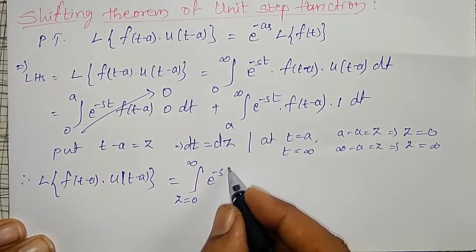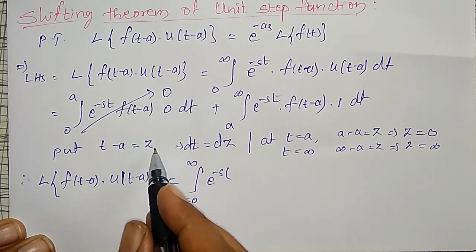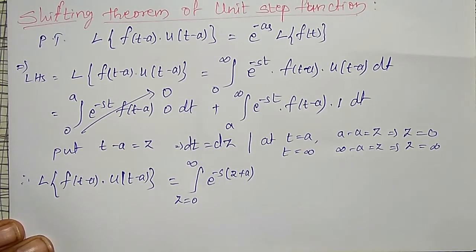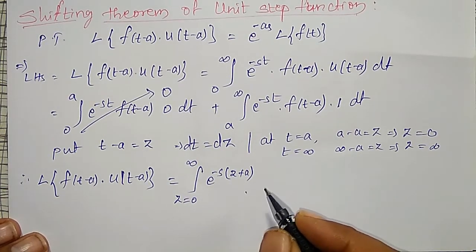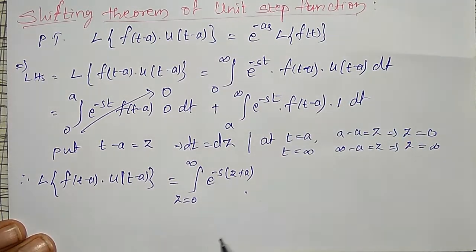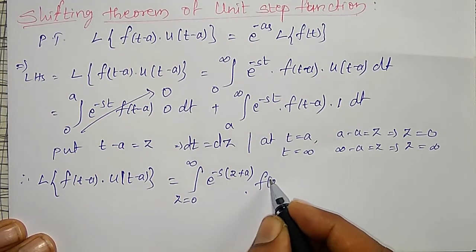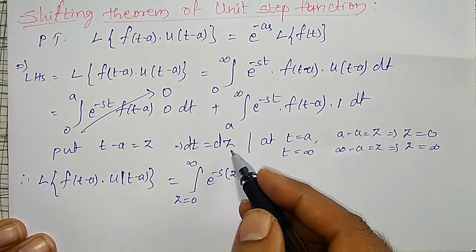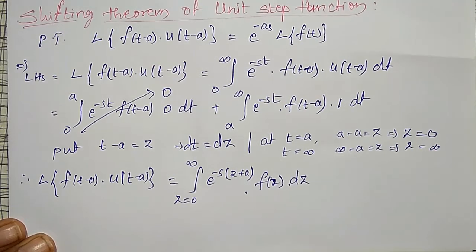T is replaced by what here? T is replaced by z plus a, correct? Z plus a into f of t minus a, that is f of z into dz, dt is nothing but dz.